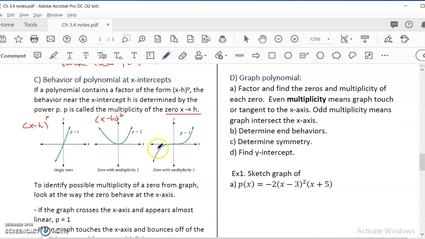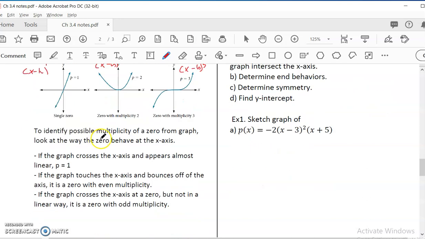And if they cross the zero kind of like a curve, like x cubed, then we know that the power is 3. x minus h cubed will show a graph like this. That associates zeros with a power, and also the behavior of the graph close to the x-intercept, and that helps us to graph the whole thing.